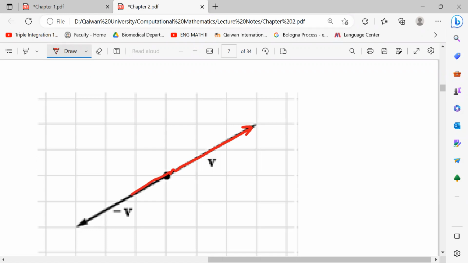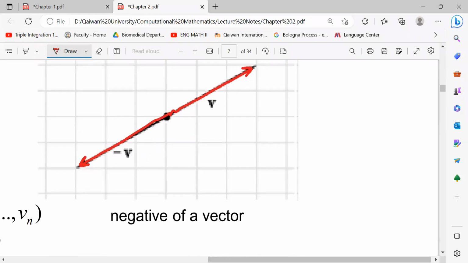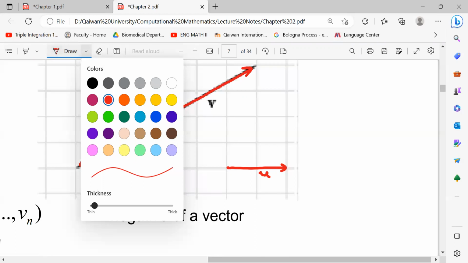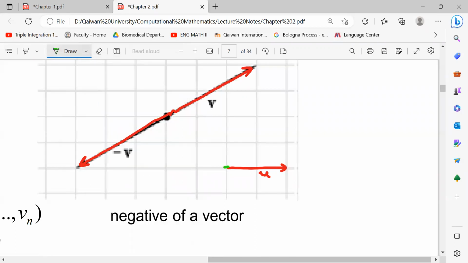Let's say we have this vector u. So negative u is exactly opposite to u. This is minus u, with the same length but in the opposite direction.